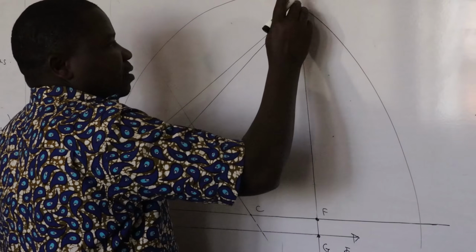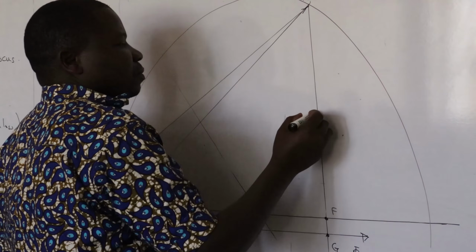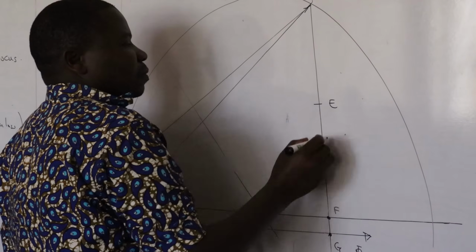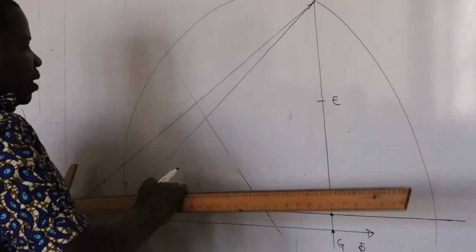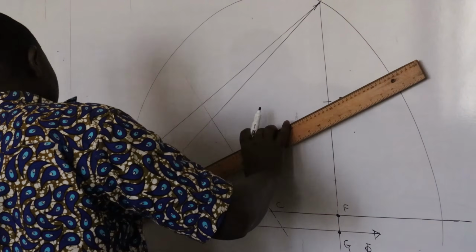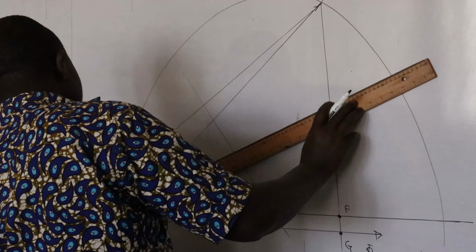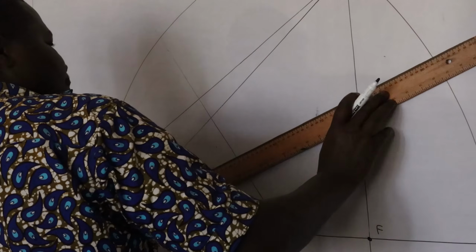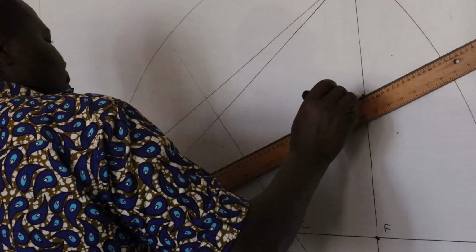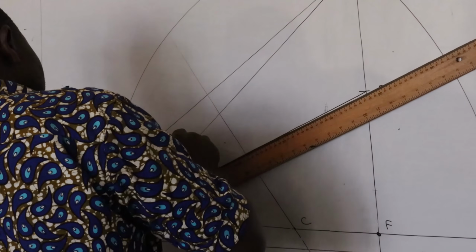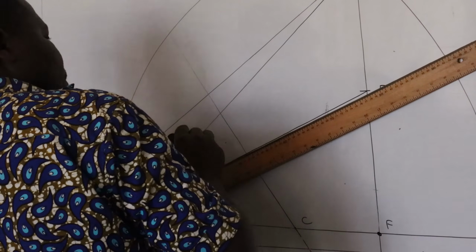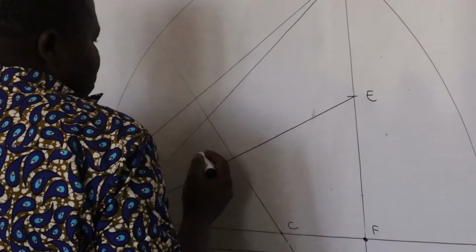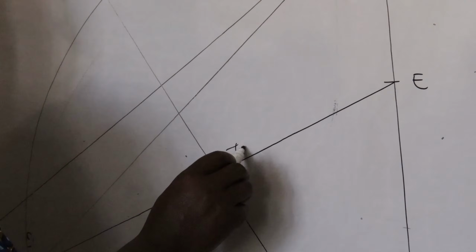You bisect at point E and take point E back to O prime. So this is the torque line.